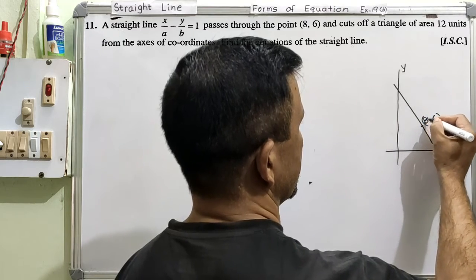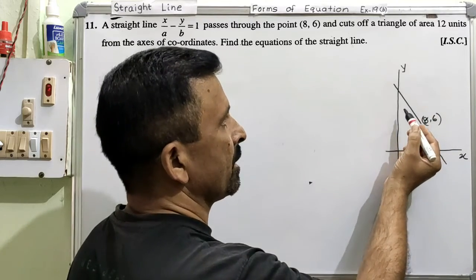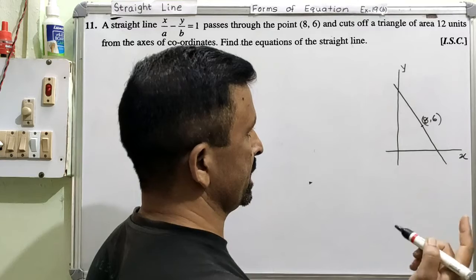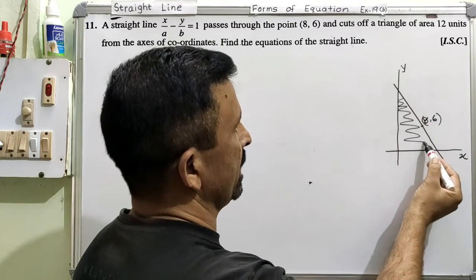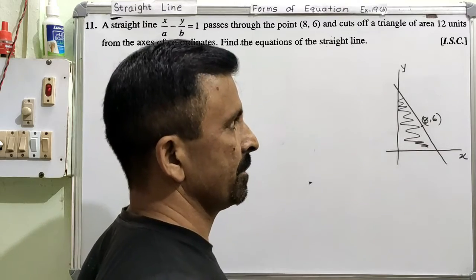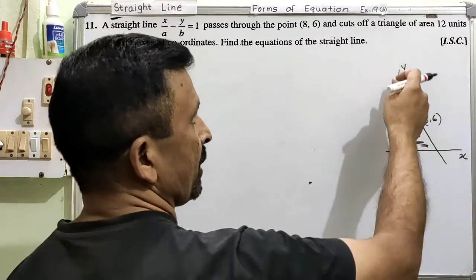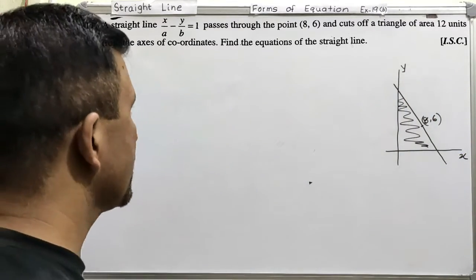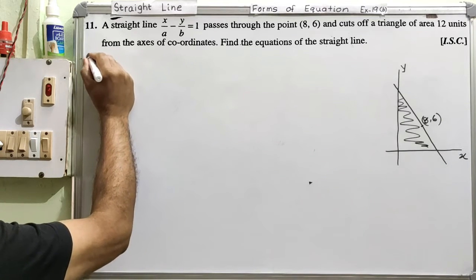Clear? And this line makes a triangle with the two axes of area 12 units. So the area of this triangle is said to be 12 units. Am I very clear? So if this is so, then find out the equation of the line. So we are given, the given equation is, solution.